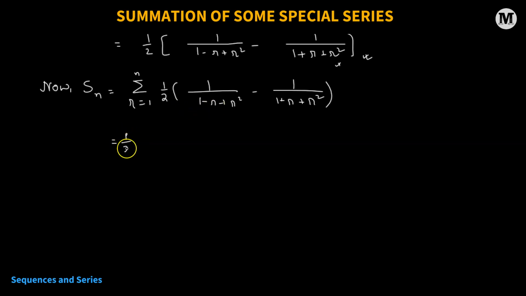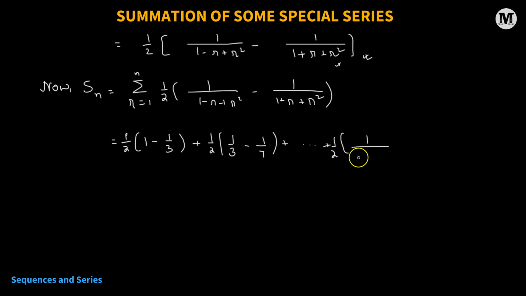So that's going to give us half multiplied by 1 minus 1 over 3. Added to half multiplied by, to find the second term, we replace the r value with 2. So that's going to give us 1 over 3 minus 1 over 7. So this is going to continue all the way up to the nth term. So that is going to be, we have half as the common factor, 1 over 1 minus n plus n squared minus 1 over 1 plus n squared.